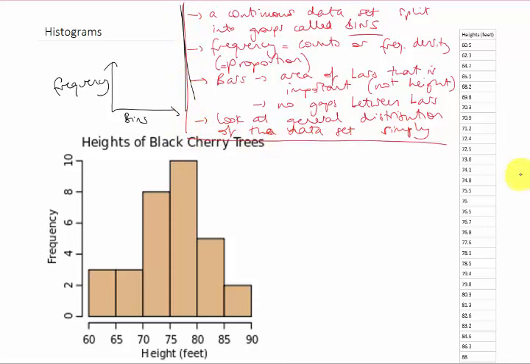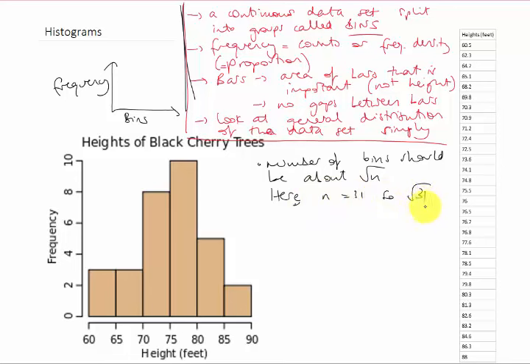Cool, so now let's look at these 31 cherry trees. A general rule is that the number of bins that we use should be roughly the square root of n. So here n is 31, and the square root of 31 is about 5.5, therefore you use 5 or 6 bins.